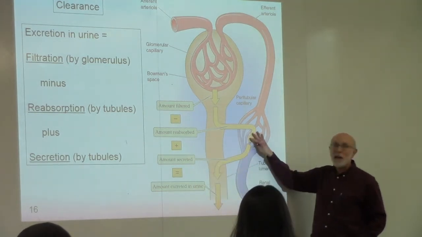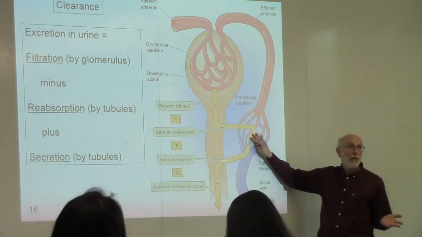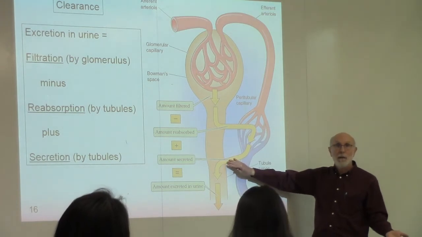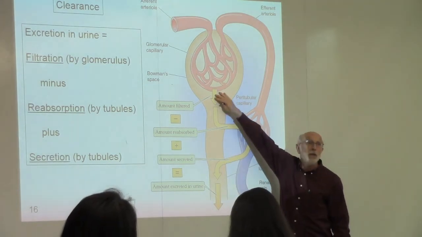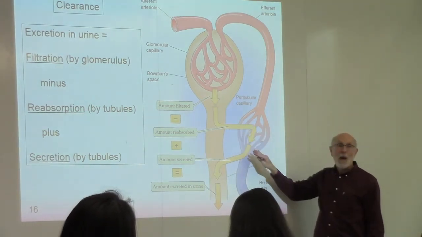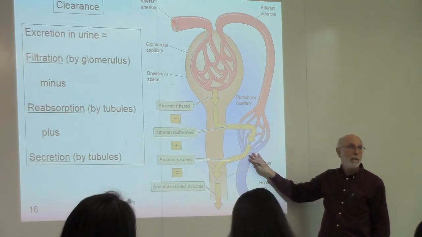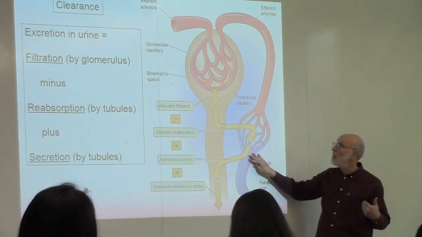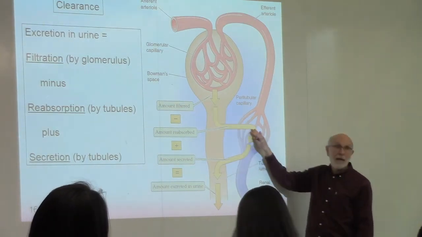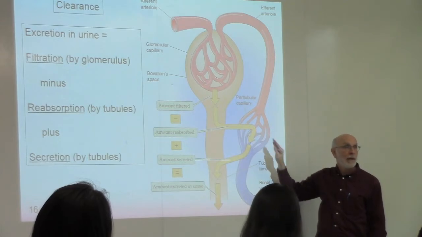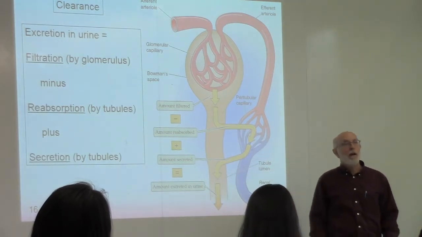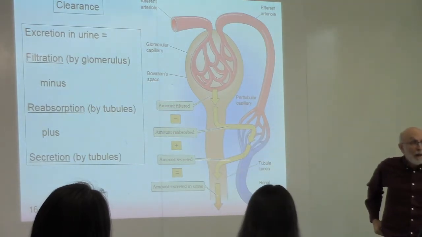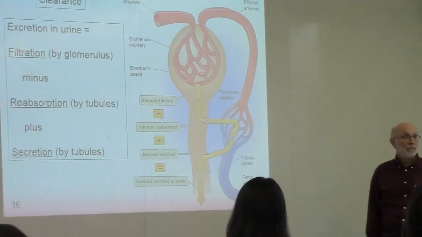Secretion is the process by which some material gets into urine. It gets into urine either by being filtered and or secreted. It gets out of urine by being filtered and then reabsorbed. Okay, so this is the overall flow chart of the operation that we're going to be talking about for the next week and a half, 2 weeks.